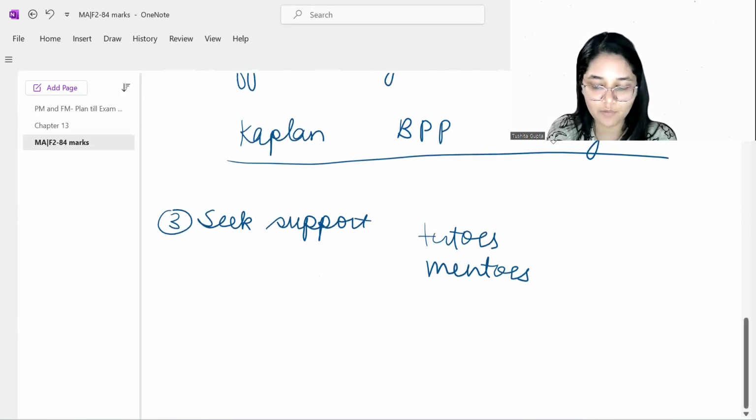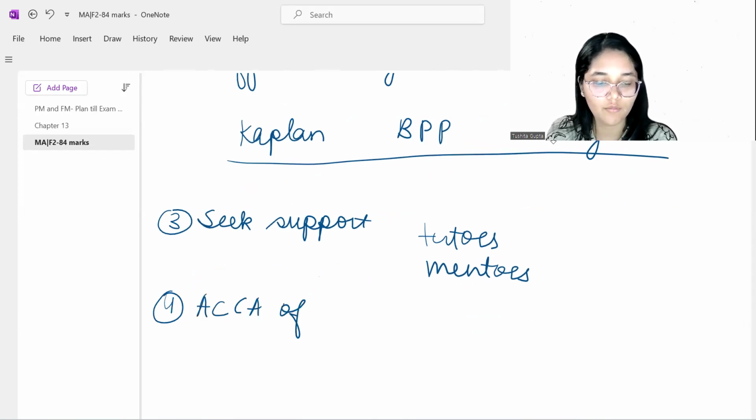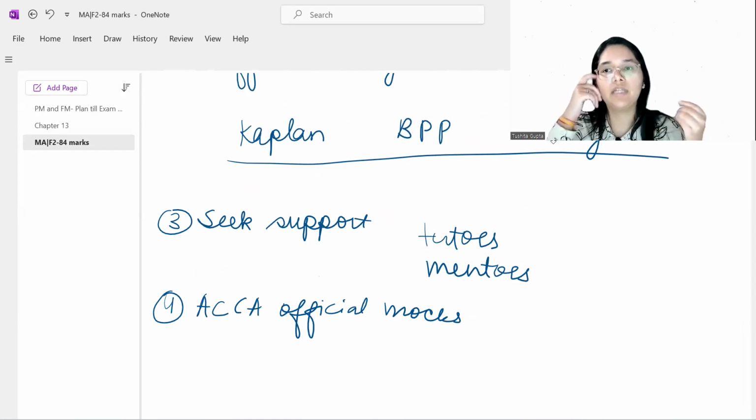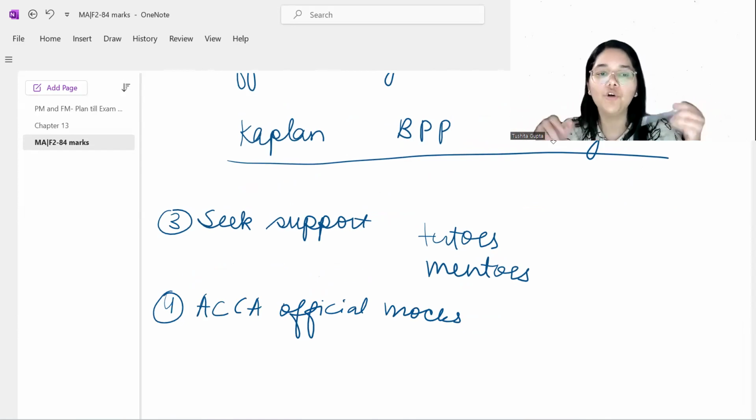Then the next thing I would like to talk to you about is the importance of the ACCA official mocks. Whenever you're preparing for any exam, like your board exams, you would have given a lot of mock tests, full syllabus tests, wherein you were testing how much you know and how much you don't. ACCA official mocks are such mocks which ACCA provides.